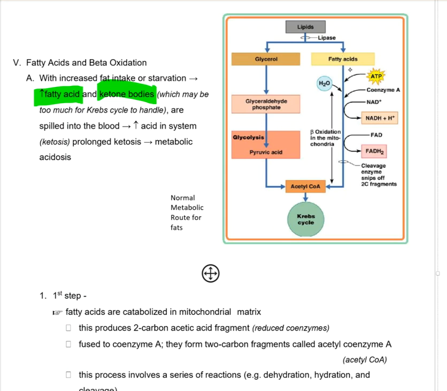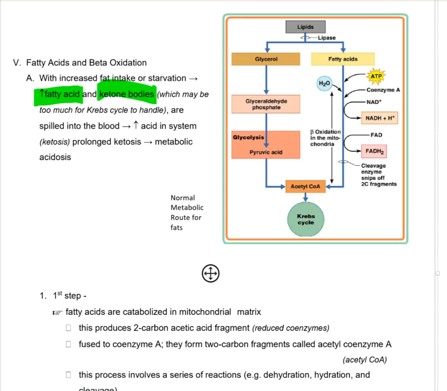Then the fatty acids undergo a bunch of things here, and they're beta oxidized, and they eventually become acetyl coenzyme A, and they enter the Krebs cycle. So kind of similar to what glucose does. And the glycerol gets converted into pyruvic acid, and it eventually enters the Krebs cycle as acetyl coenzyme A. So we can use fat as a primary energy source, and that's okay.